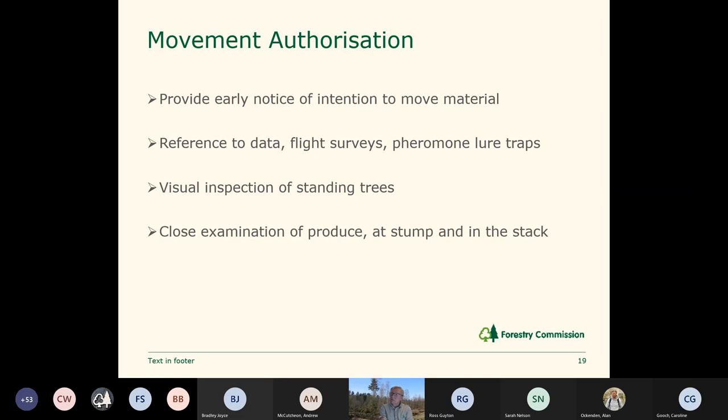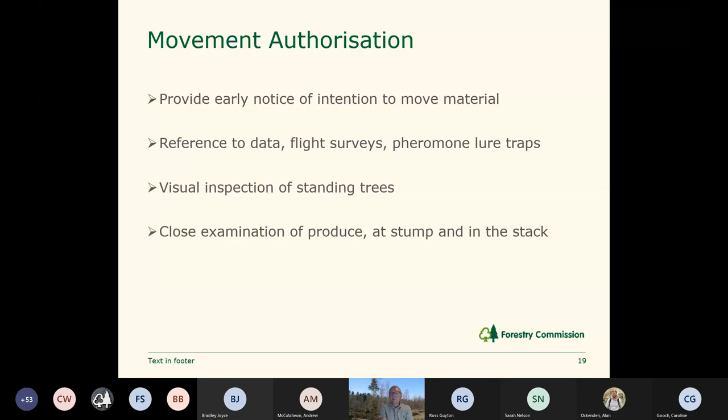Now that is both a regulatory requirement, a legislative requirement for us to do that, and it's obviously very good practice, because however well we survey any woodland, there's only ever a guarantee of finding something, not confirming its absence.